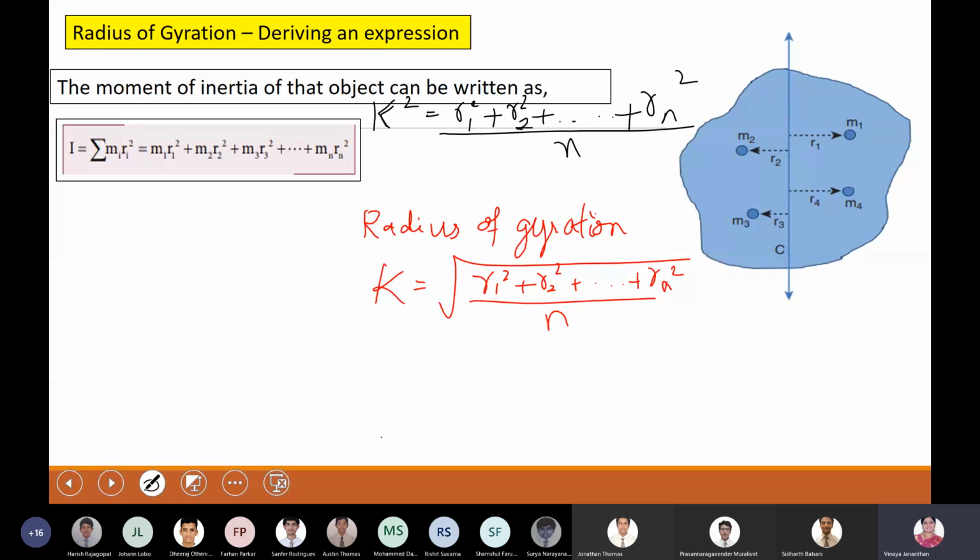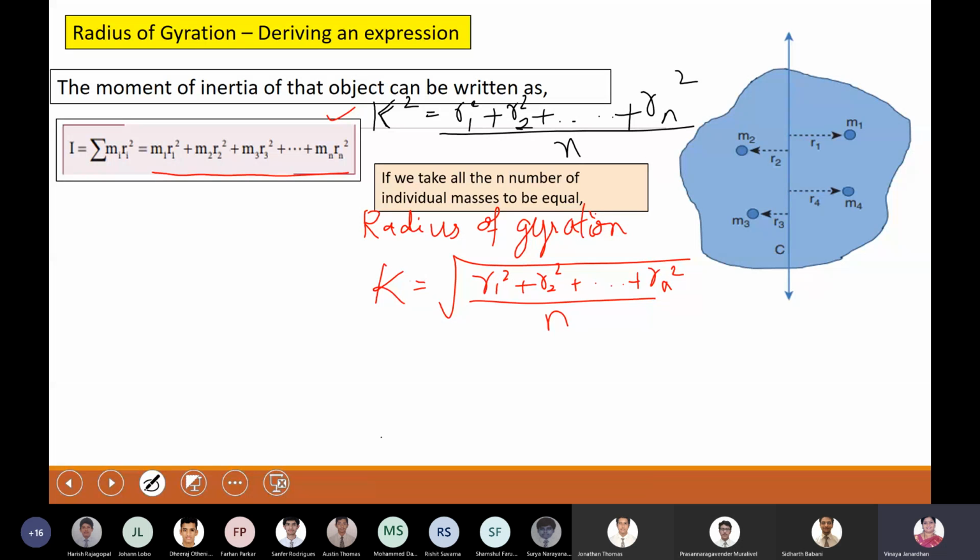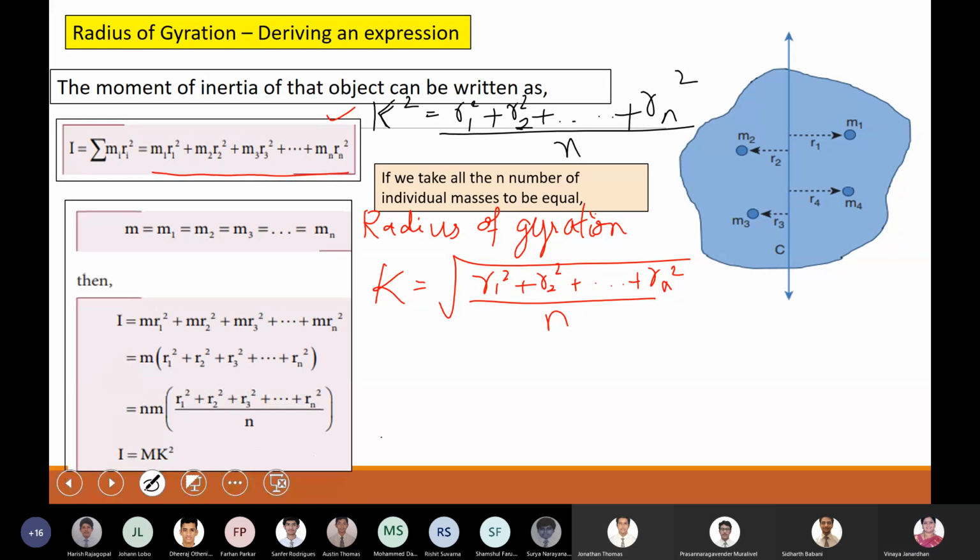The moment of inertia of a body about an axis is m1 r1 squared plus m2 r2 squared plus mn rn squared. So what we'll do is we'll take all the particles. If we take n number of all these particles of equal mass, then what happens to m? Else I'll go for the next slide.